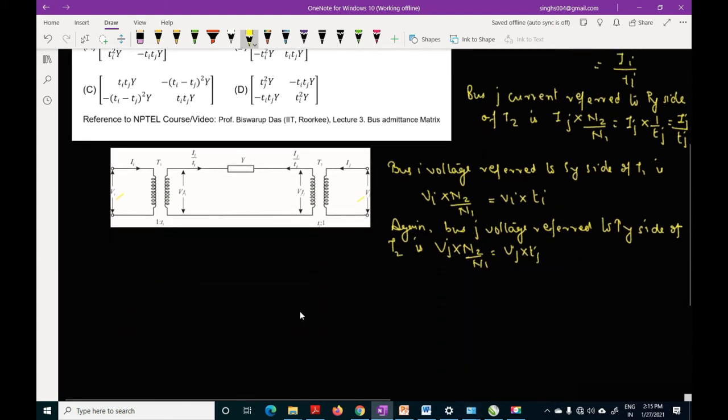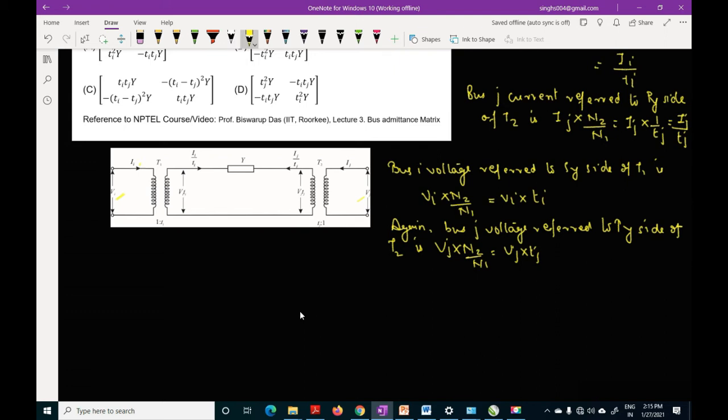Once we have done with this, we can see the relation between the bus I voltage and current and the bus J voltage and current.